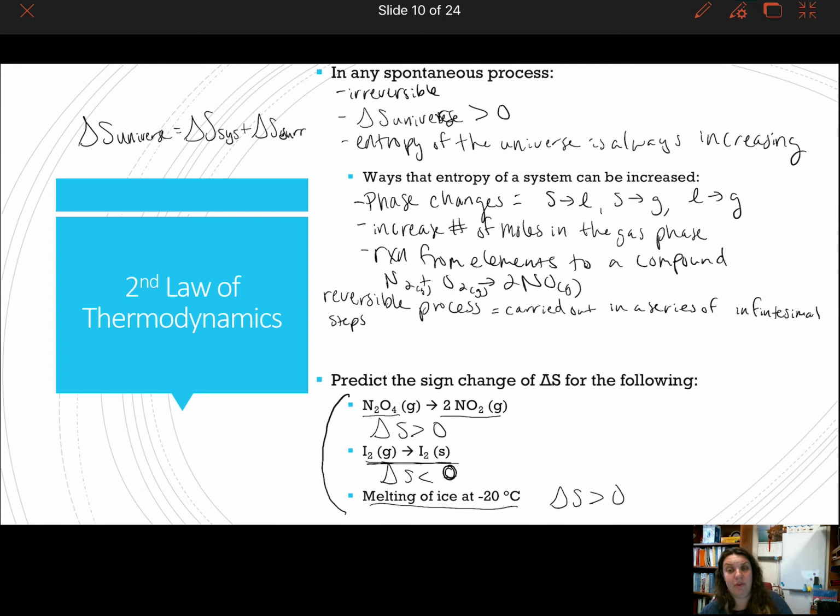So they're infinitesimal, so neither the system nor the surroundings are actually experiencing energetic changes, so that they can go back to the system and surroundings the same way they were before the change. So we basically say that our system and surroundings don't change. During that reversible process, our delta S of our universe will be 0.